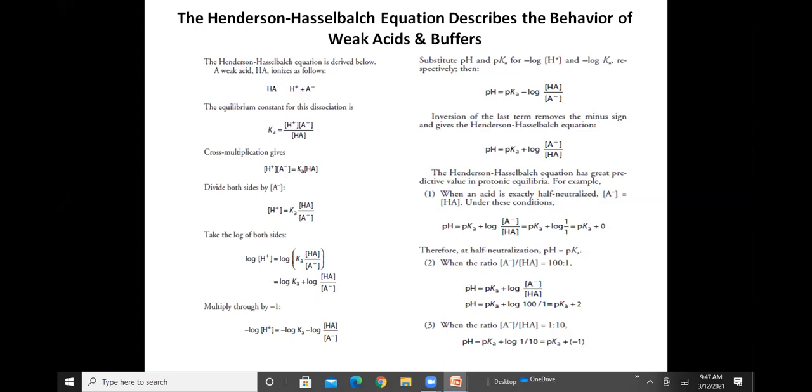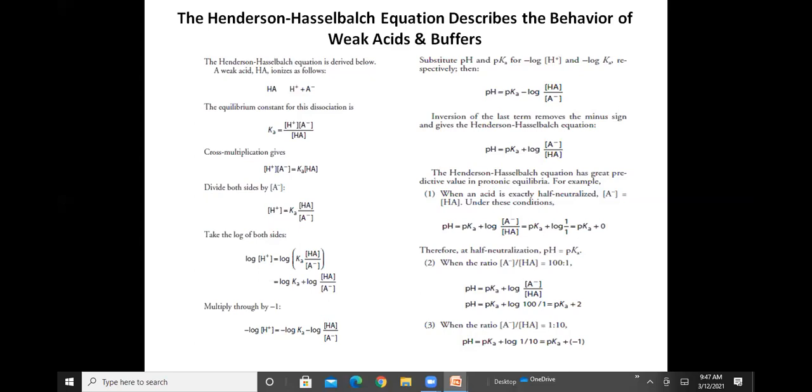Now, also, if we take the Henderson-Hasselbalch equation, we can look at how the pH behaves when the concentration of base and acid change. Essentially, the equation will tell us how the pH will change when the concentration of acid or base changes.